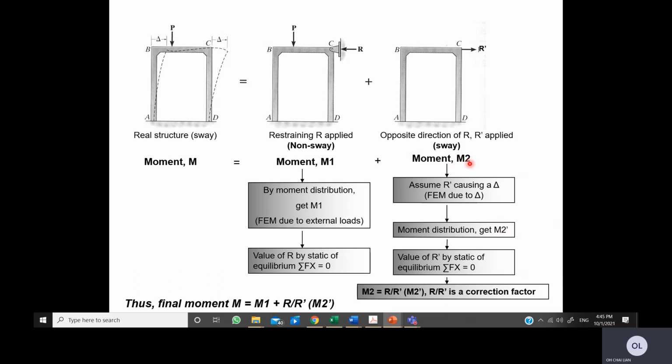In order to get the moment M2, we multiply M2 prime by this correction factor, the ratio R divided by R prime. So the final moment is M1 plus M2, where M2 is R divided by R prime times M2 prime.